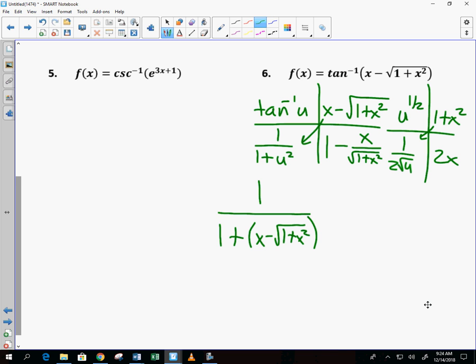That's the first part, right? Times 1 minus x over the root of 1 plus x squared.